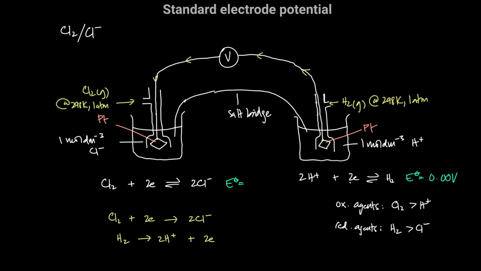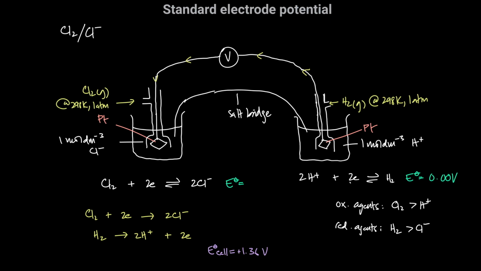So over here it's observed that the EMF of the cell is found to be positive 1.36 volts. So what is the standard reduction potential for this half cell? Standard hydrogen electrode is obviously assigned a value of 0 here, so this one will either be positive 1.36 or negative 1.36.